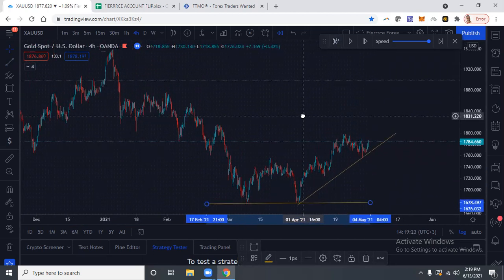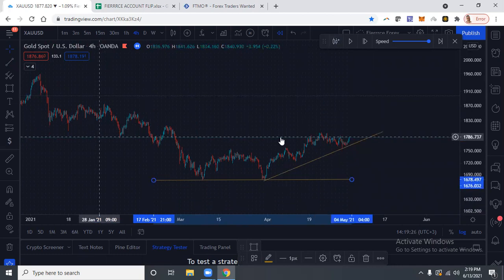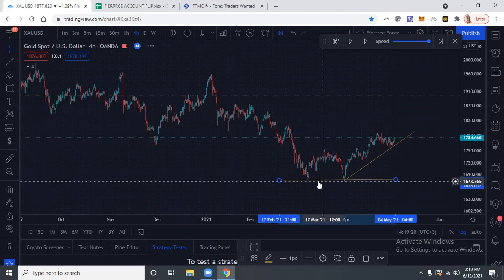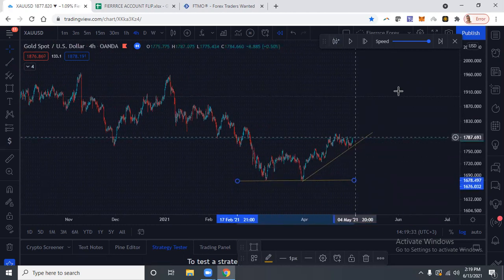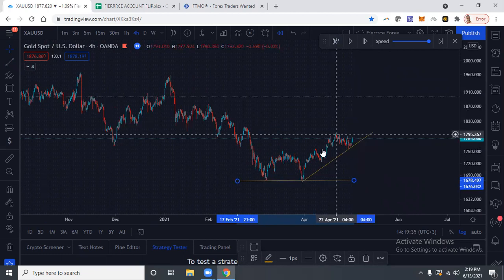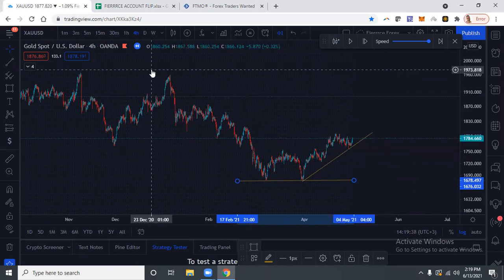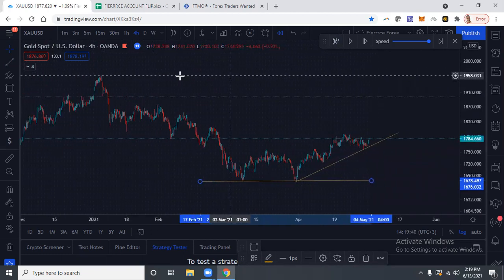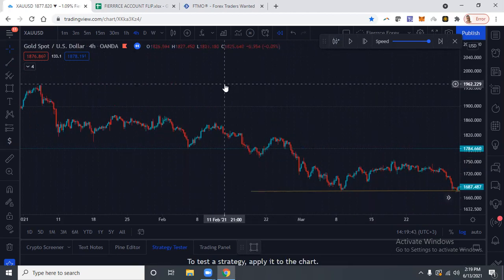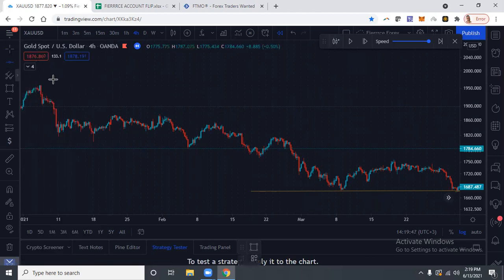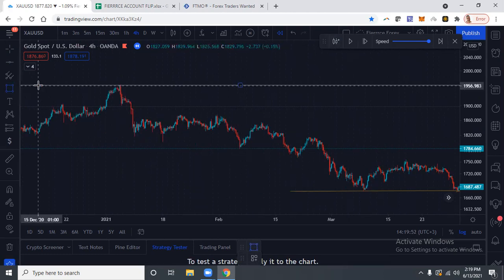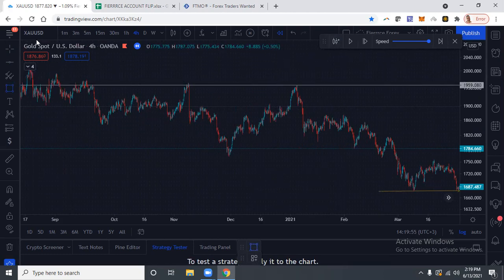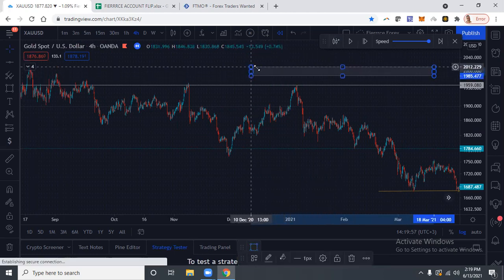So I think gold is technically still, after this prolonged rally to the downside, I think we're going to see a push to the upside. I'm looking at the previous high up here, so I'll just mark it out for my own information.